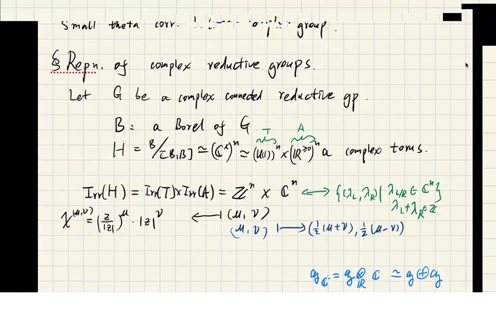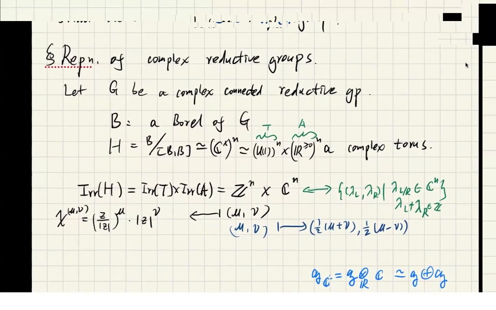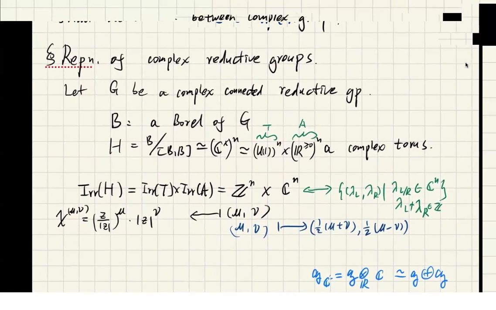But before I explain the result, I should explain the classification of irreducible representations of complex reductive groups. That's why theta correspondence is difficult: you have to know all these aspects, or at least a classification result about the irreducible representations of reductive groups, and it's not very easy to learn.